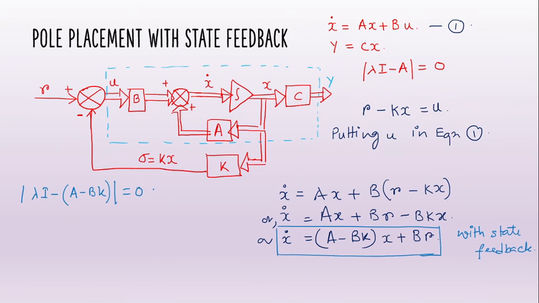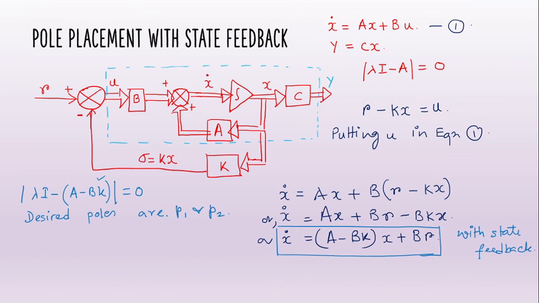So if you solve this, A and B are all known, the only unknown thing is K. So you will get something in the form of a K matrix. Okay, and as the desired poles are given, suppose desired poles are P1 and P2.